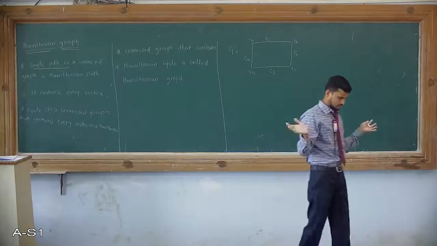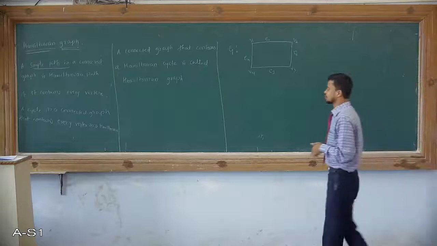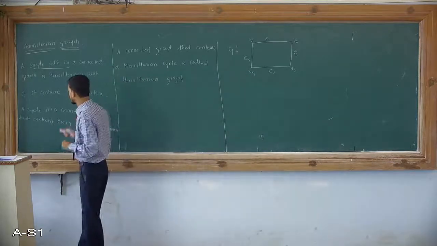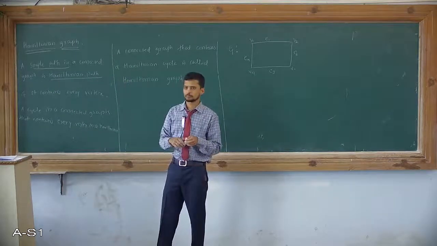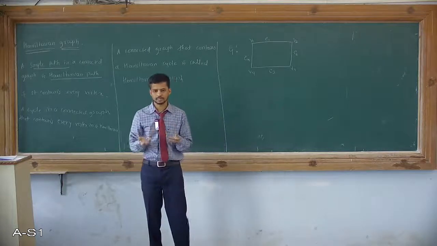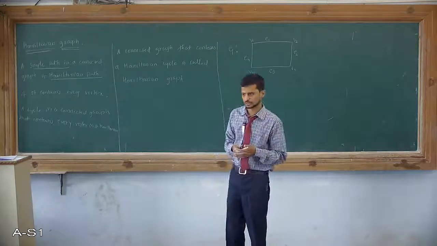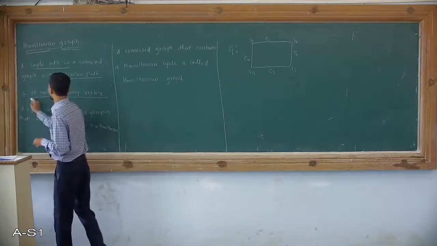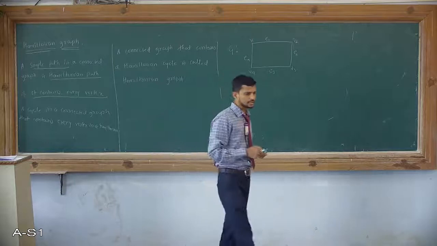It is a sequence of vertices and edges. It is simple. But if I am trying to define that a path is a Hamiltonian path, what is the property we need to impose on the path? Whether all paths are Hamiltonian is the question. No, not all paths are Hamiltonian paths. Therefore, we need to impose one condition. What is that condition? That the path contains every vertex.